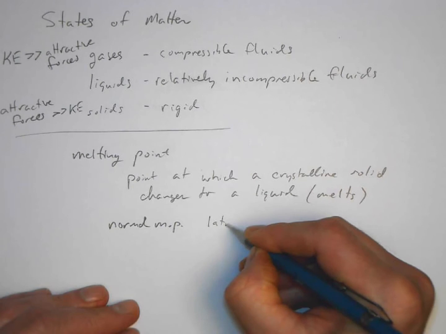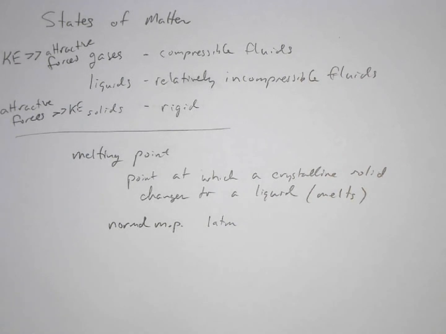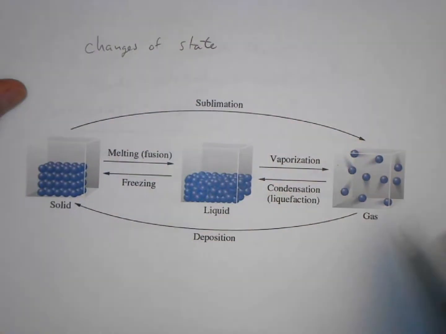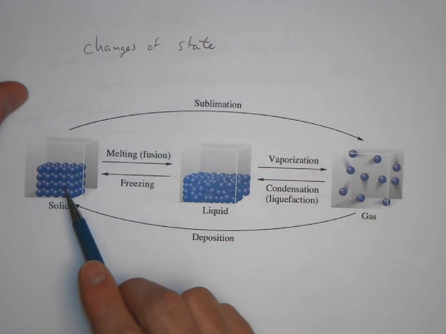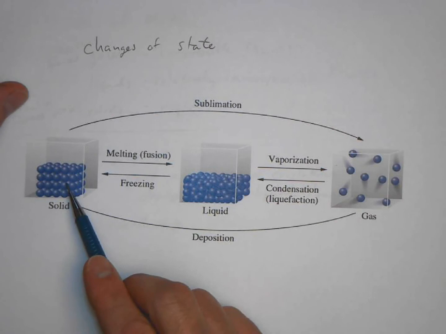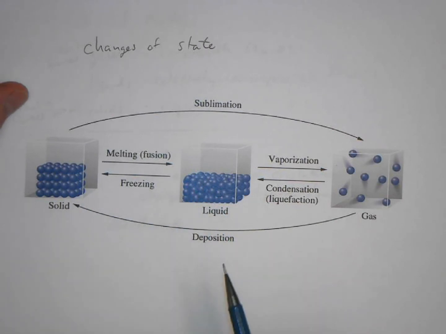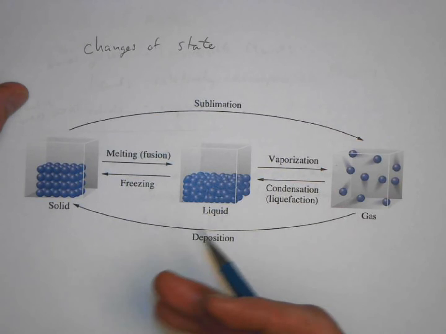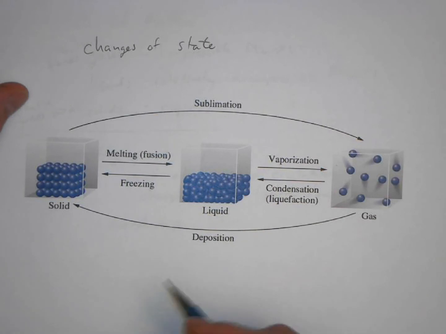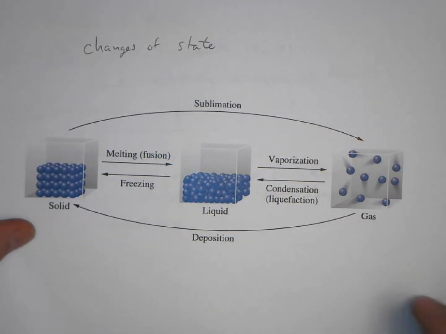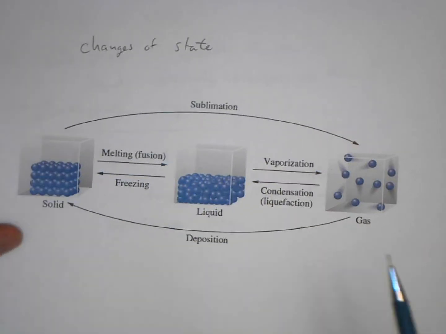All that means is that the pressure under which this process is happening is 1 atmosphere. So the melting point is the temperature at which a solid becomes a liquid. Sometimes people talk about a liquid having a freezing point. The freezing point and the melting point are really exactly the same thing. It's just that we're talking about things going from one direction to another.